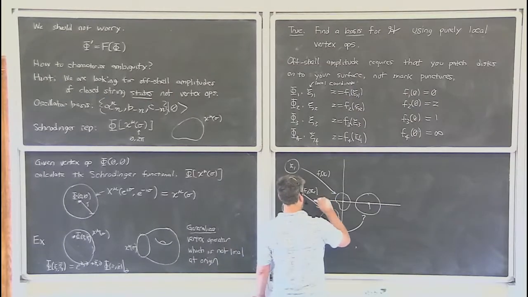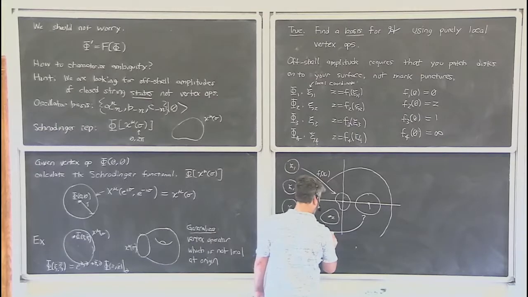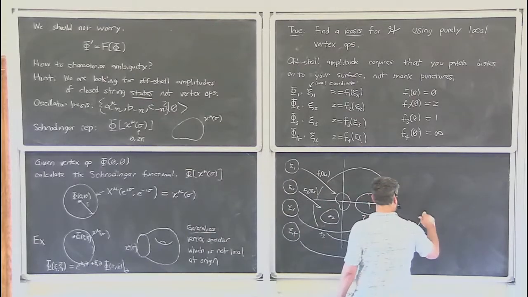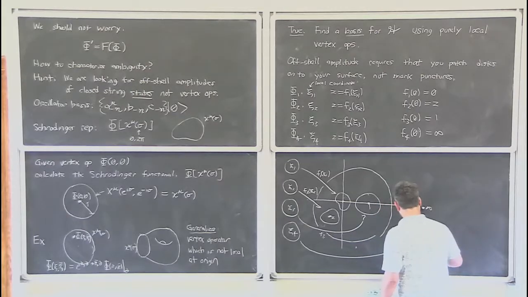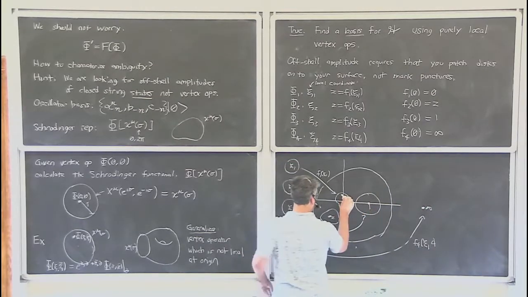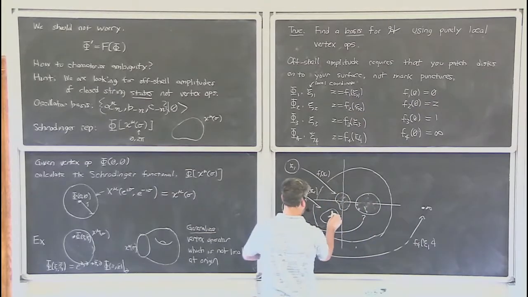So a disk at infinity will look like... Okay, now I'm afraid this may start looking confusing. Okay, so F4 maps to infinity. The interior of this disk maps here, and the interior of this disk maps here, and the interior of this disk maps here.